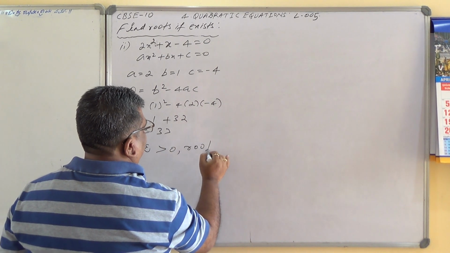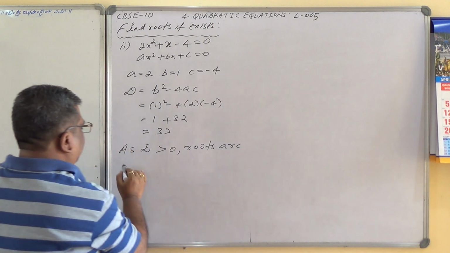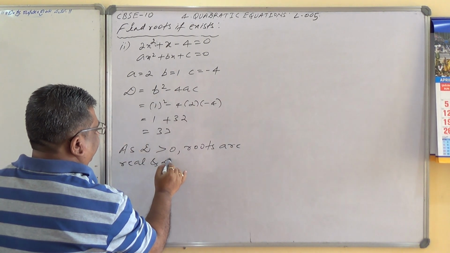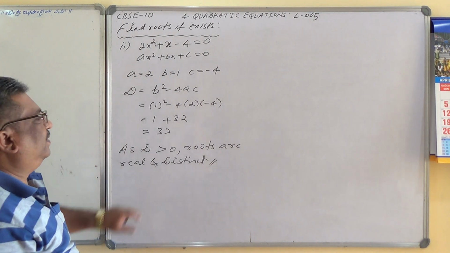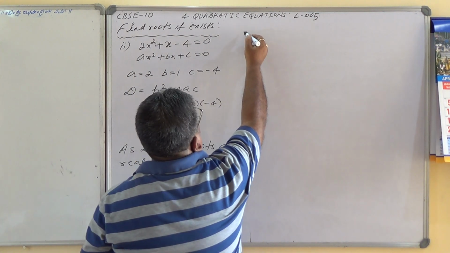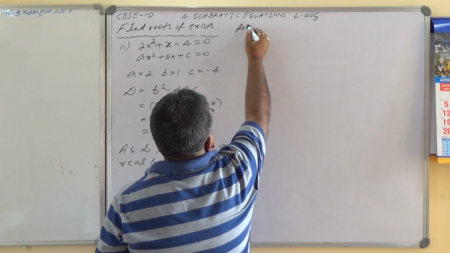roots are real and distinct. I have concluded that, so let me check whether it is correct or not. Use the quadratic formula. Now, how to find out the roots? Let us check.